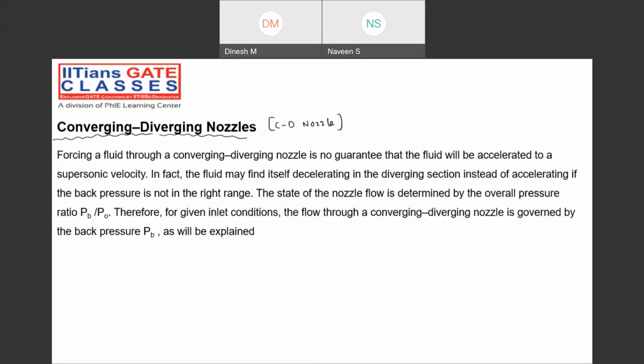However, the highest velocity to which the fluid can be accelerated in a converging nozzle is limited to the sonic velocity, that is Mach number 1, which occurs at the exit plane, that is the throat plane. Accelerating the fluid to supersonic speed is not possible by attaching a converging part alone. We have to attach the diverging part. Now the question is, sir, how can that phenomenon happen, how can we increase the velocity? Now let me explain that.